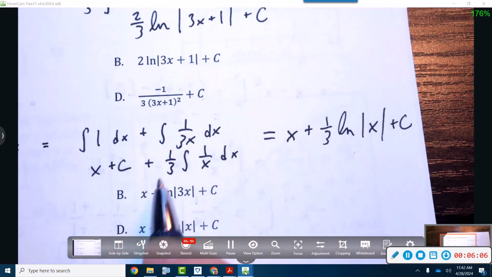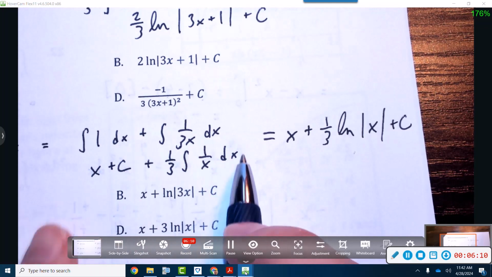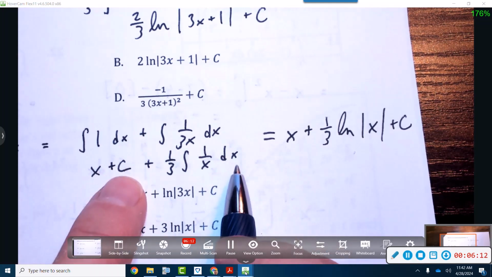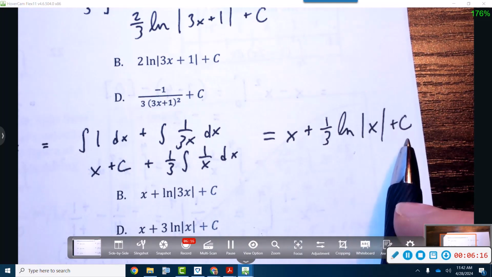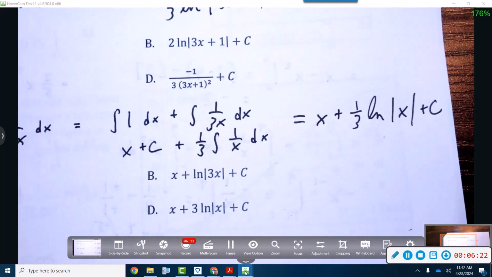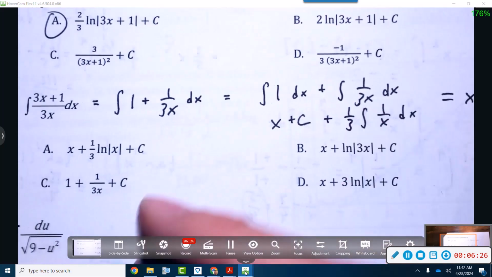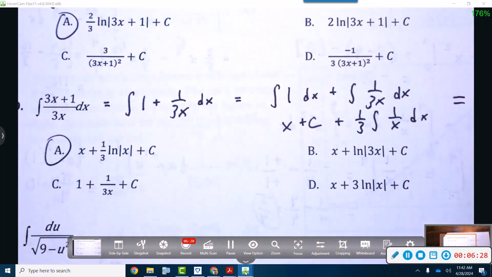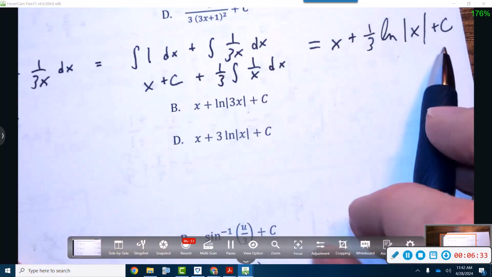So, just so that you know, if I get a plus c for here and a plus c for here, since I don't know what either of the two c's are together, they're just c. You could put a 2c there, but that 2c would just be a c. So it's kind of weird, but it's just that unknown piece. Okay, so it looks like that's a. C is just indeterminate. We don't know what that constant is. Is that right? Yeah, okay.